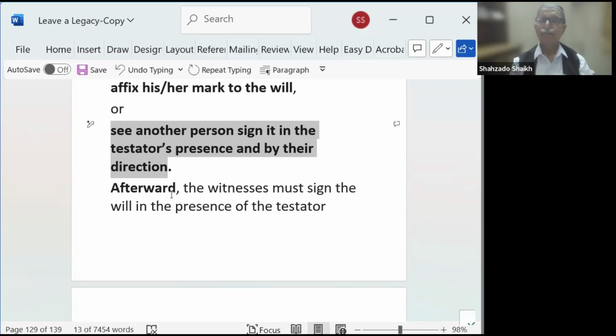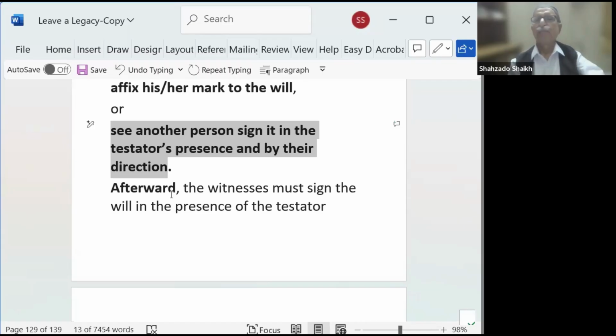The witness has to testify that the testator asked such and such person, and such person willingly started taking the dictation, and he was dictating, he was writing, and I was listening, I was hearing, I was seeing, and when he completed, the person who had taken the dictation read it out, and the testator said, yes, this is what I have dictated.